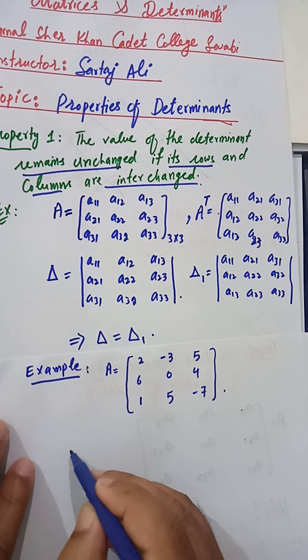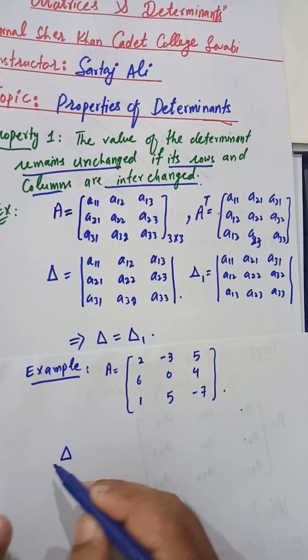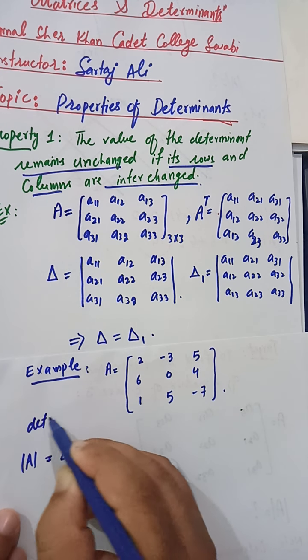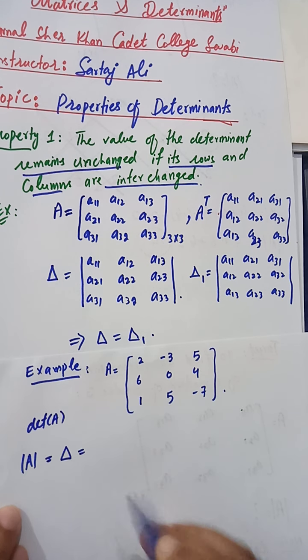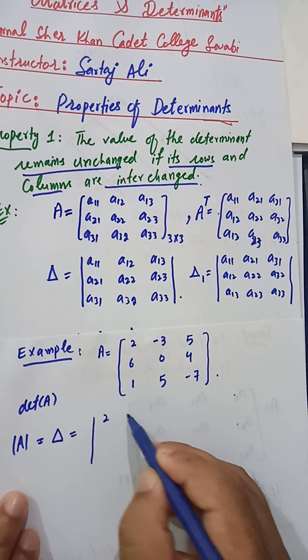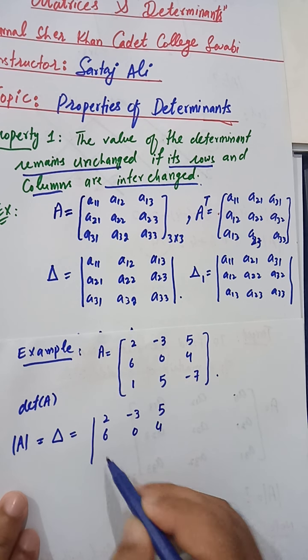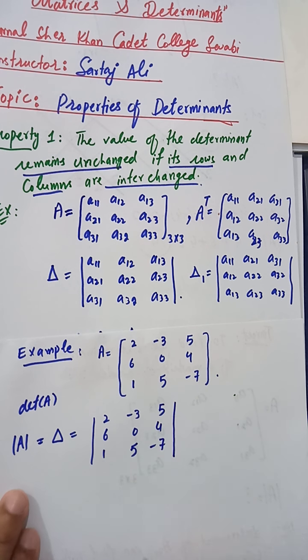I am taking the determinant of this matrix and I am denoting the determinant by delta. You may denote the determinant by this, or you can also denote it by this, but I am denoting it by delta. Now if I use the proper definition that we studied in the previous video lecture, you can find the determinant of this matrix with any row or any column.